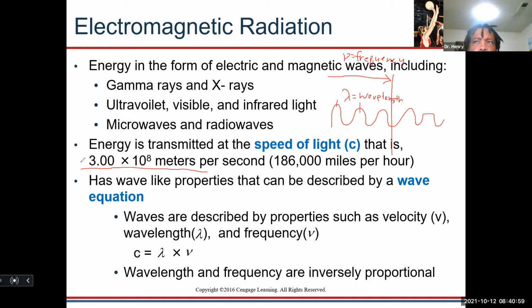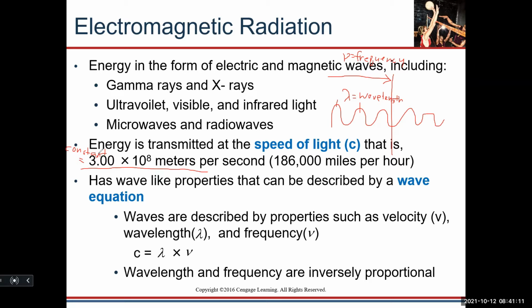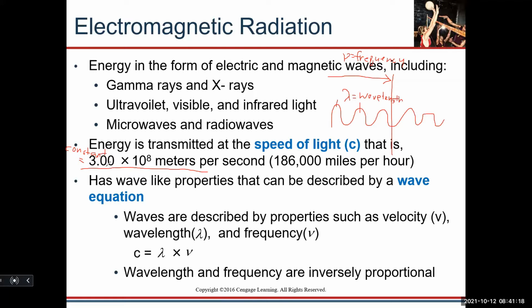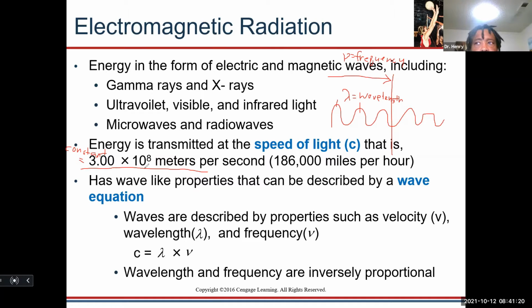Do you guys know what I mean by a constant? Something that doesn't change. So it's always going to be the same, right? So the speed of light, c, is always going to be 3.00 times 10 to the 8th meters per second.